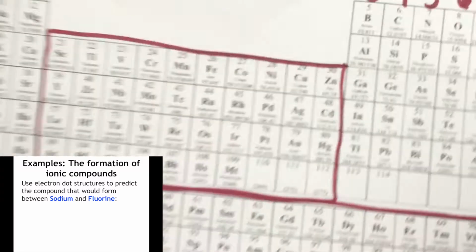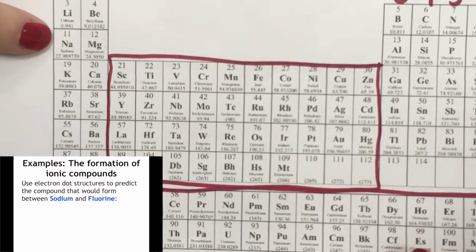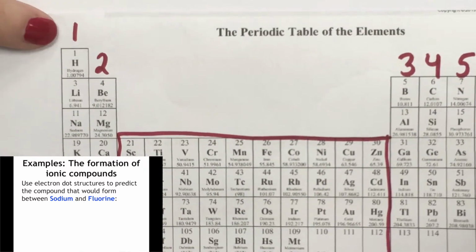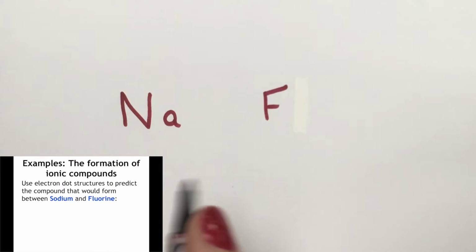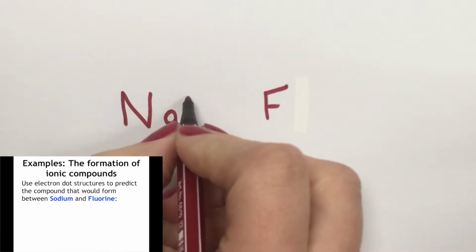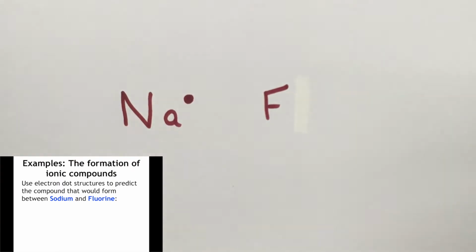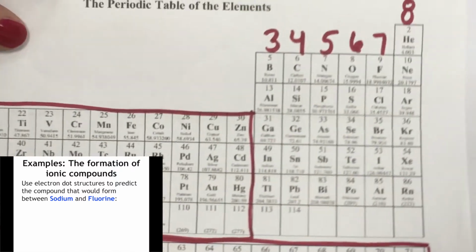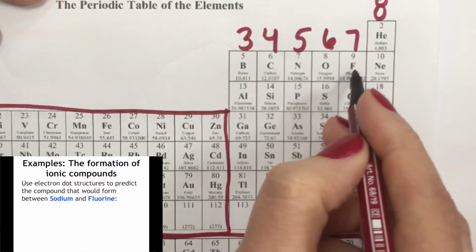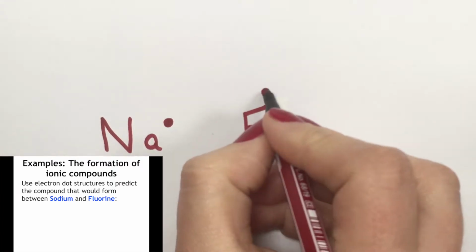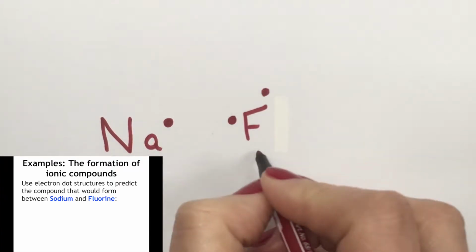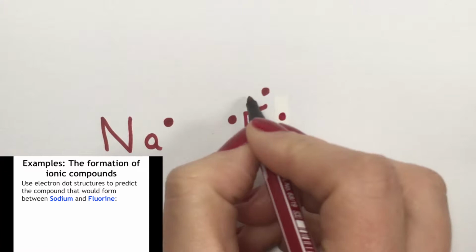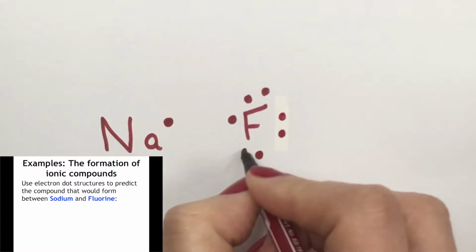So if you'll look here, sodium has 1 valence electron. So we're going to draw sodium's 1 valence electron, and then fluorine is right here and it has 7 valence electrons. So we will draw fluorine's 7 valence electrons. 1, 2, 3, 4, 5, 6, 7.